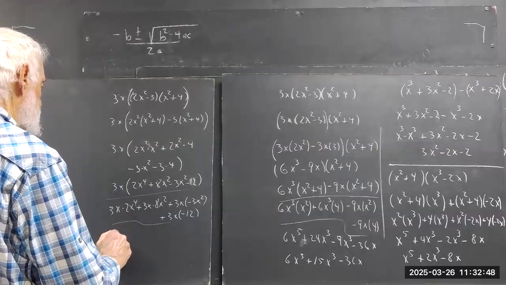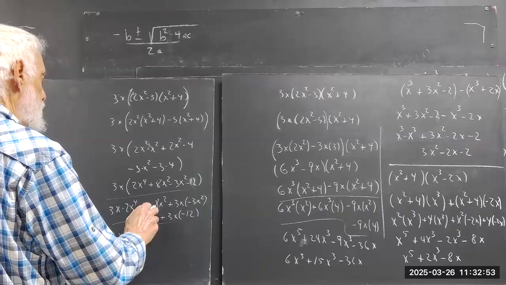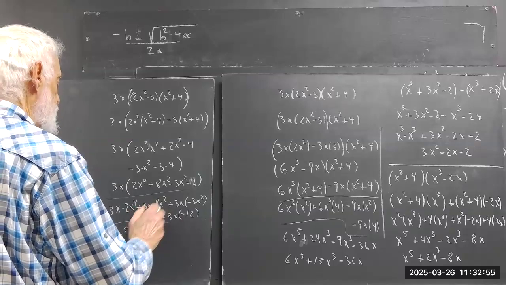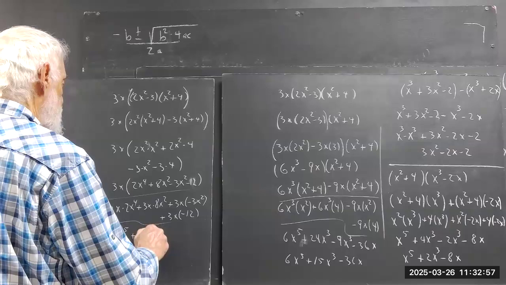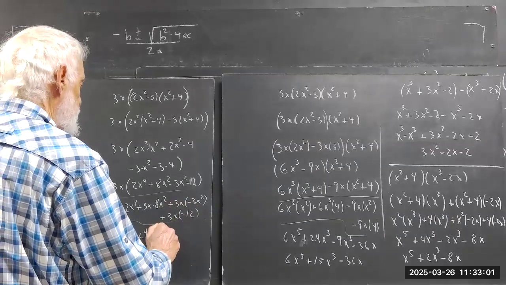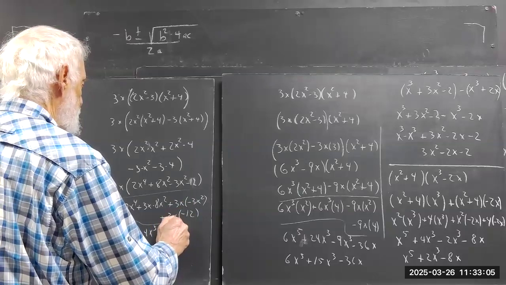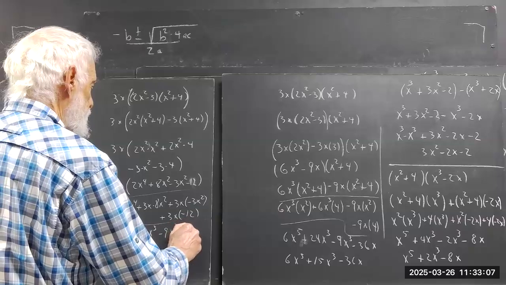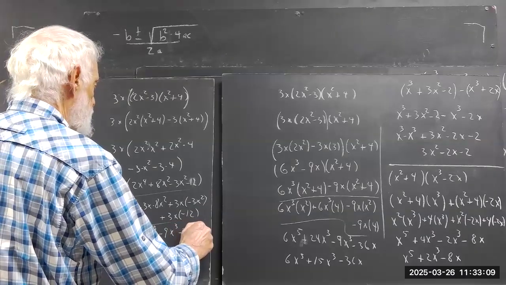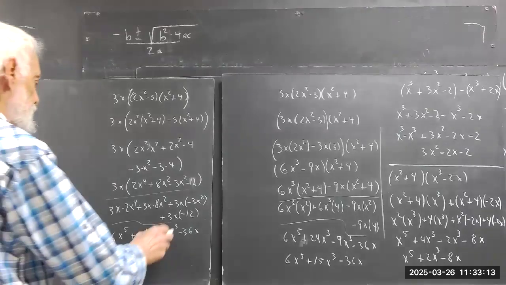This gives us then 6x to the fifth, and 3 times 8 is 24, x times x squared is x cubed. And then 3 times negative 3 is negative 9, x times x squared is x cubed. And then minus 36x. 3 times negative 12 gives us negative 36.